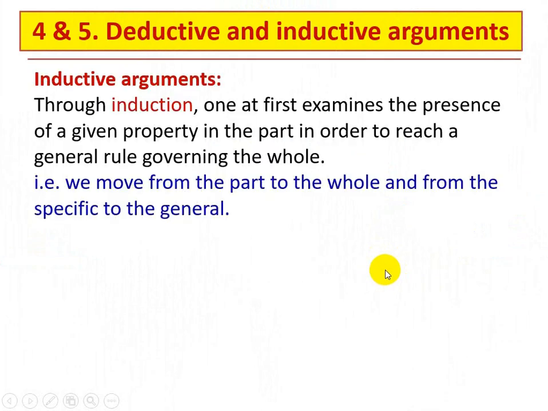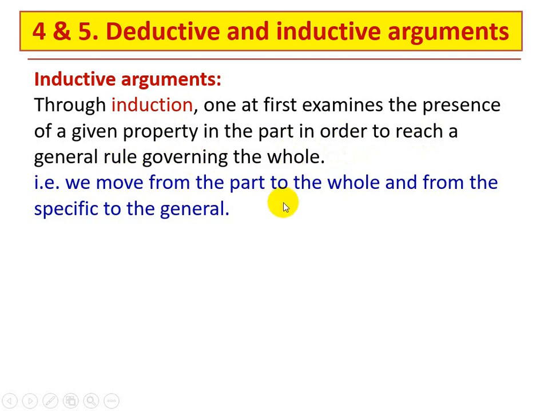So let's now differentiate between the deductive and the inductive argument after examining the difference between deduction and induction. In case of the inductive argument, one at first examines the presence of a given property in the part in order to reach a general rule governing the whole.